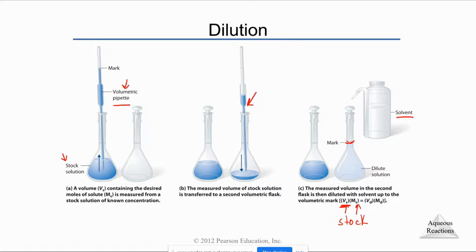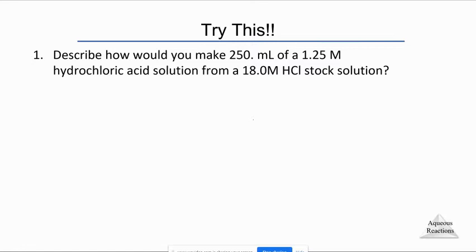We're going to use this formula to help us calculate what volume of stock solution we needed to draw up originally into this pipette to make this more dilute solution. Again, you can see a darker solution here for our concentrated. Our dilute solution is a lighter color. The calculation's pretty straightforward. Let's see if we can take a look at an example.